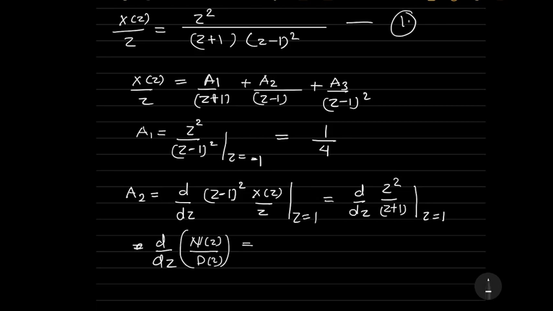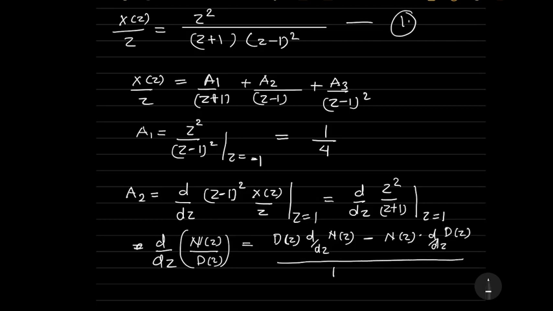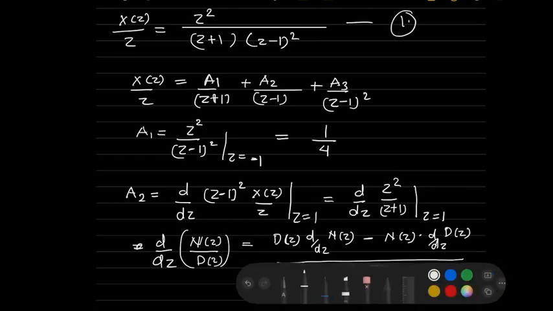Take the denominator as a constant and differentiate the numerator first, then minus, take the numerator as a constant and differentiate the denominator, divided by the square of the denominator.